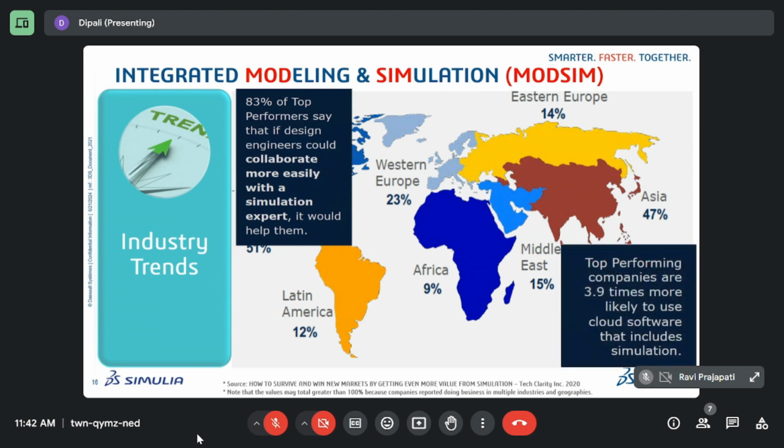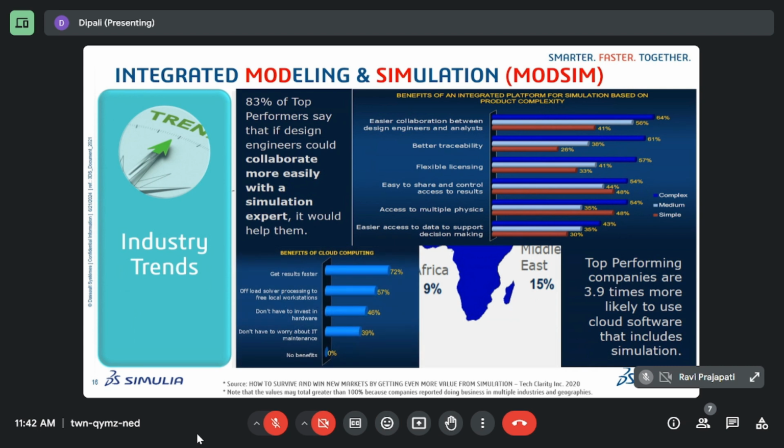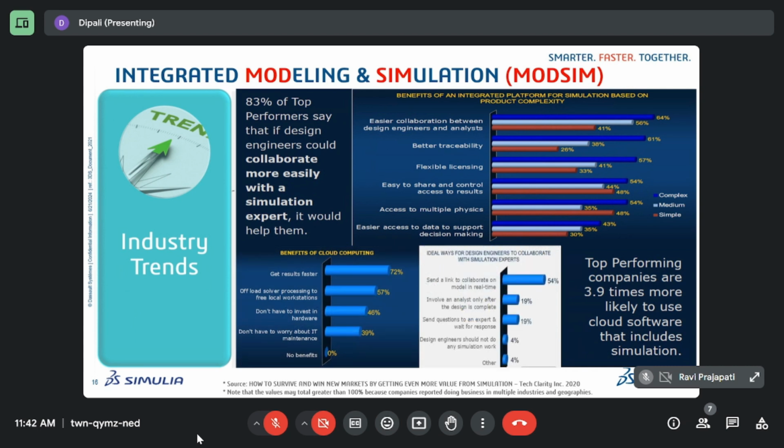So 83% of these top performers say that design and engineering can collaborate more easily with the simulation experts. These data show that the MODSIM approach is extensively beneficial to companies.